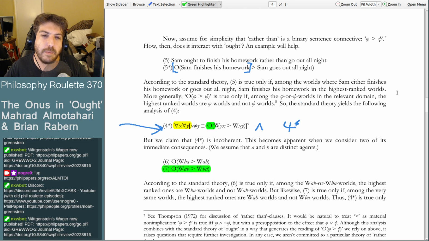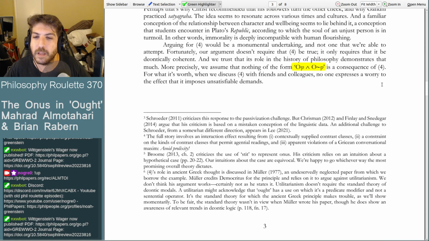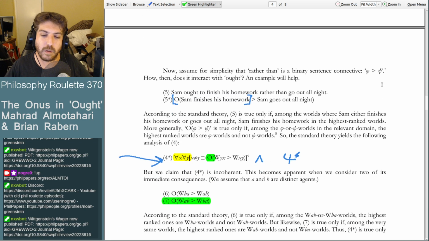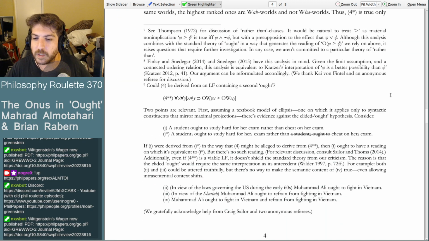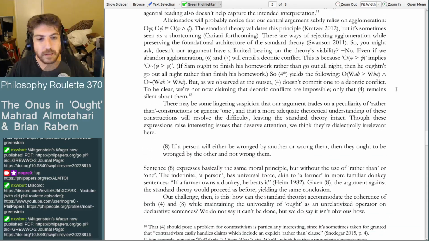I mean, you should be able to generalize off of Sam that any person ought to not be wronged by another person. So one ought to be wronged by any other person rather than to be wronged by any other person. But you can see how that sounds kind of weird. If there exists someone there that you'd be wronged by, then to be wronged by them. And again, if there exists somebody, you shouldn't wrong them. But for anybody, maybe. I don't know.